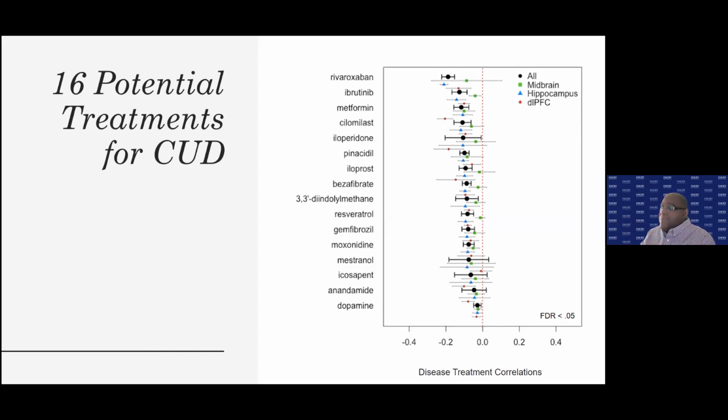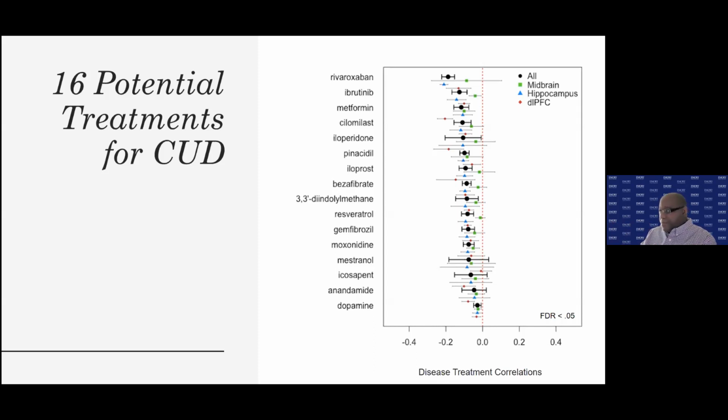For what we're following up on, we look at the change relative to the controls in our human population: do we see a counteraction of the RNA profile? Of these 16 compounds, ibrutinib, the second one at the top, stood out as having the most consistent evidence across the three brain regions we tested in humans: midbrain, hippocampus, and dorsolateral prefrontal cortex.